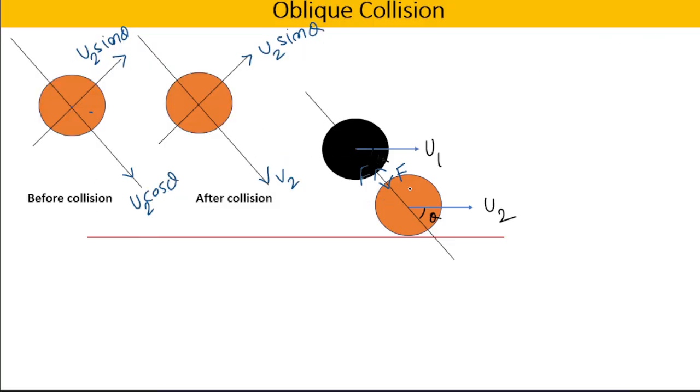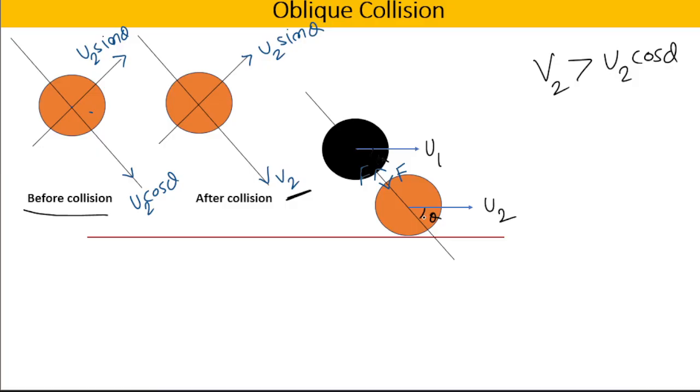If you talk about body B, then for body B, you can say before collision it has velocity u2 cos θ along the line of impact, and along the y-axis it has a speed of u2 sin θ. So after collision, along the line of impact, the velocity changes to v2, and you can see v2 will be greater than u2 cos θ. Why?